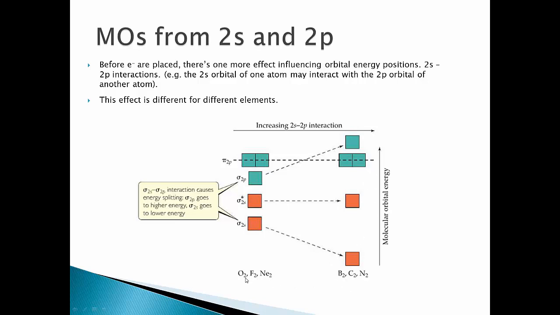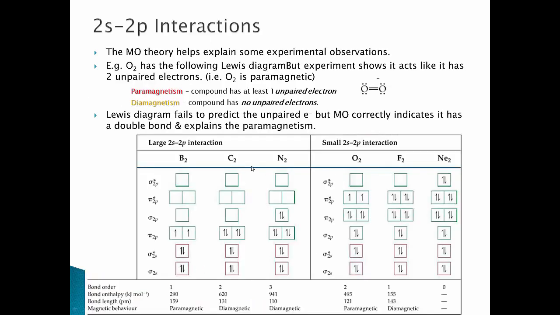The atoms that do that are O2, F2, Ne2, towards the right hand side of our periodic table in that p block, where we have not much interaction between our 2s and our 2p's. But over towards the center region, our boron, carbon, nitrogen, we have quite large interactions, so we have a change in that split.